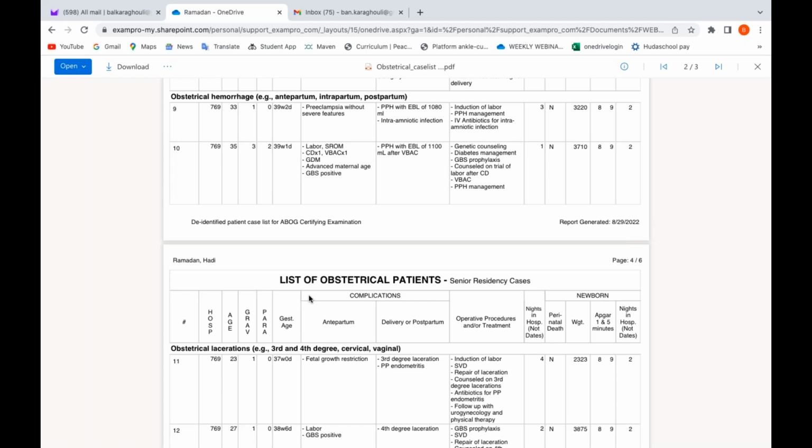So this patient here with GDM was managed with what? Was she on diet or insulin? A1 diabetic. Okay. And when you screen for those patients, what gestational age do you screen for GDM? Usually between 24 and 28 weeks. Who would be a high-risk patient that you would screen earlier?